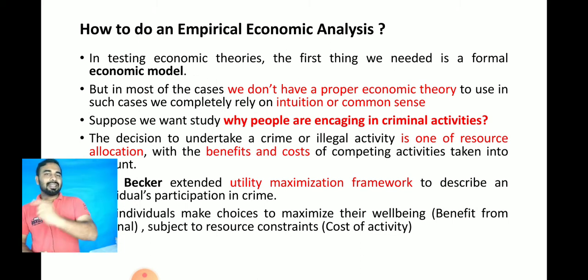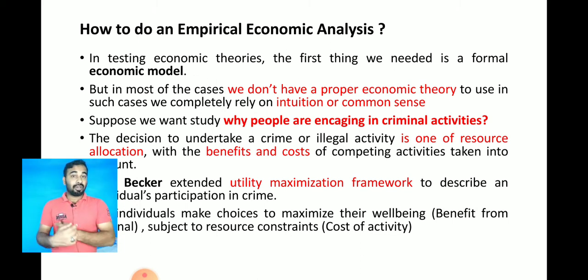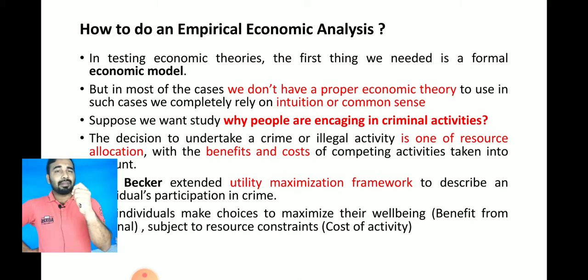So let us come to our example: why are some people engaging in criminal activities? The decision to undertake a criminal activity is one of resource allocation, with benefits and costs associated with this activity.